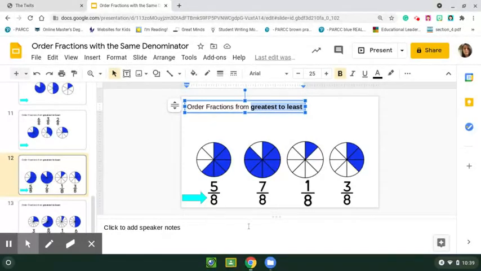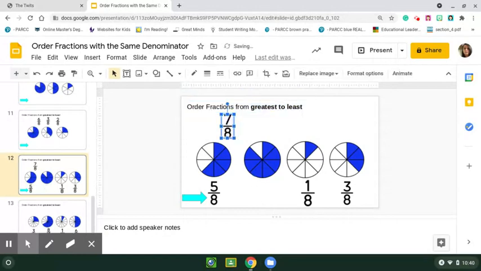So again, if we look at our denominators, oh, fantastic. They are all the same. They're all 8ths. All the pieces are the same size. So now I can go upstairs and look. Which one's my largest? Well, 7/8 is my largest. Then 5/8.